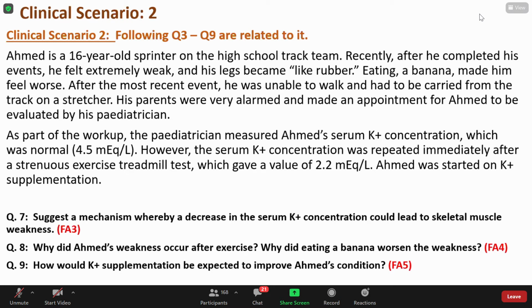I read in one source that eating banana causes hyperkalemia. Eating banana would result in hypokalemia, because potassium will move inside the cell because of the insulin. If it moves inside the cell, it will induce hypokalemia, right? You're right.